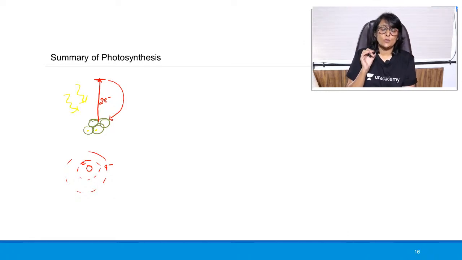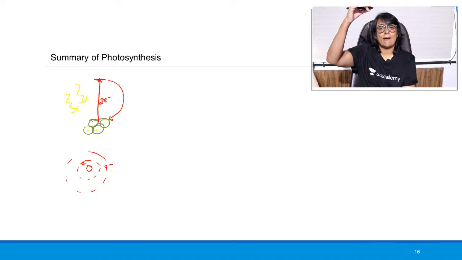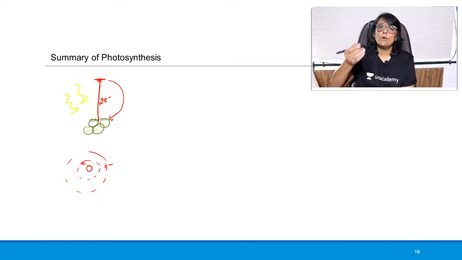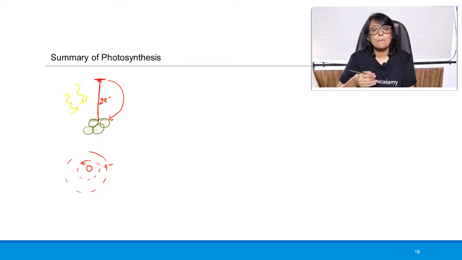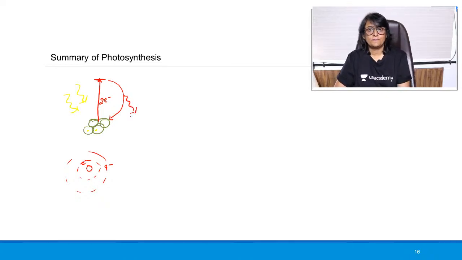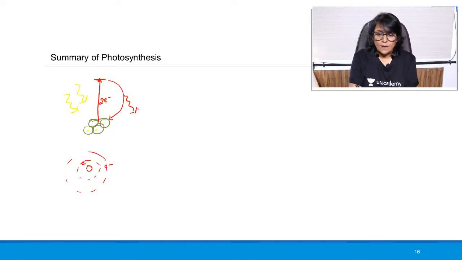In normal case, this goes to higher energy level, and then we know that everything which is at a higher energy level tends to come back to its original energy level. So when it comes back, it releases that extra energy. Can this energy be used? If yes, then we are talking about the light reaction.